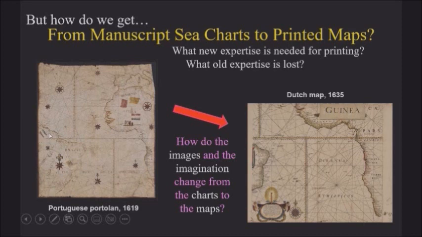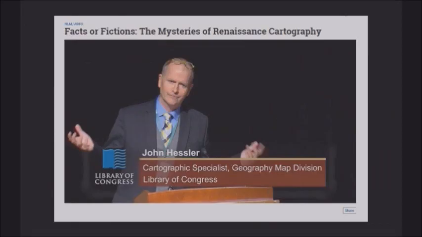You can see it from their flag. Neither of those flags are present on a printed map, which is very clearly trying to echo, in some respects, the Portuguese portulan. The flags are not there. Instead, what we get is a cartouche, which has information in it, but a different kind of information. And that's part of the shift in imagination and in representation.